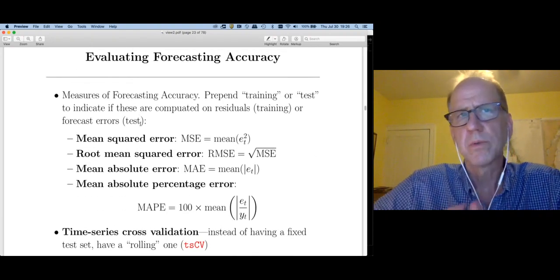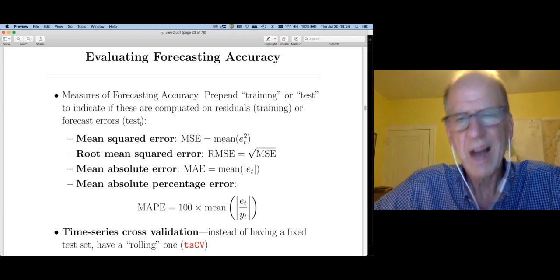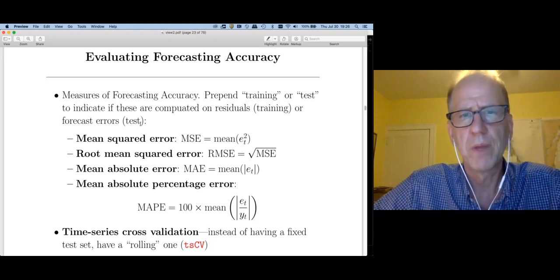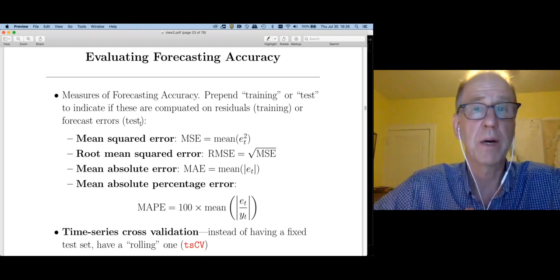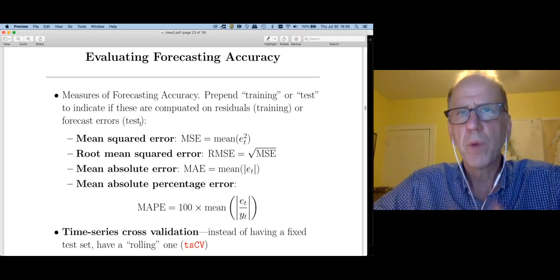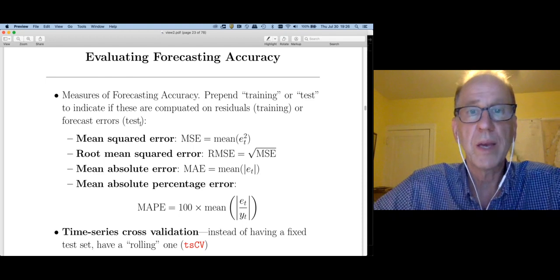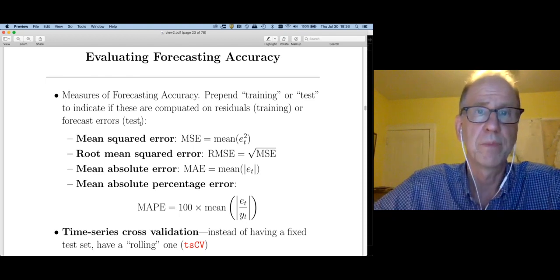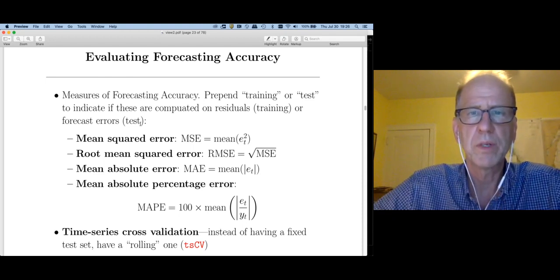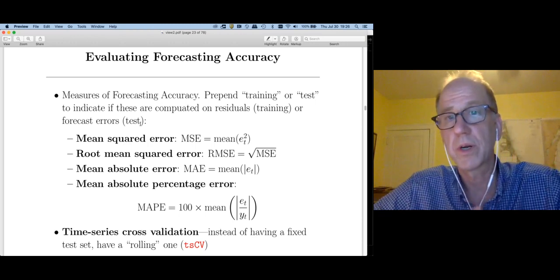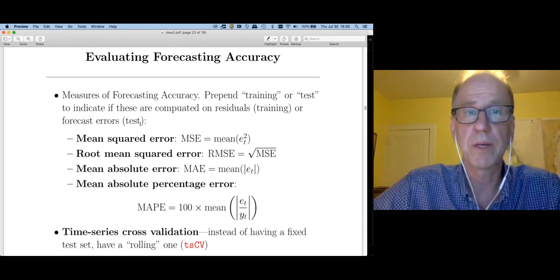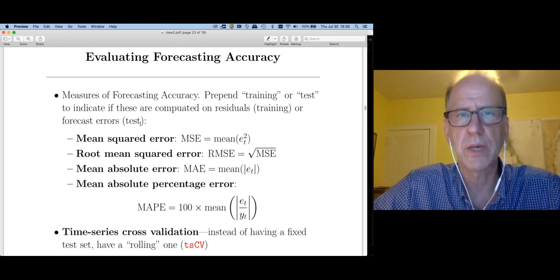The next question that I want to address is, how do I know how well my forecasting model is doing? The way we're going to answer that is really similar to the way we answered it for regression. If you remember, in regression we looked at the sum of squared errors or the residual sum of squares, depending on which textbook you're looking at.